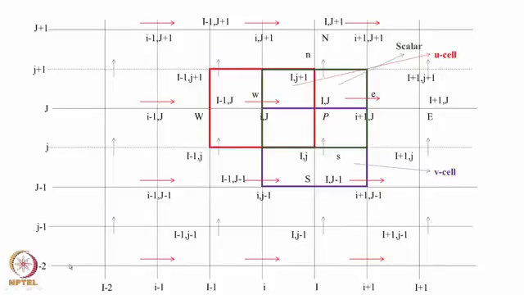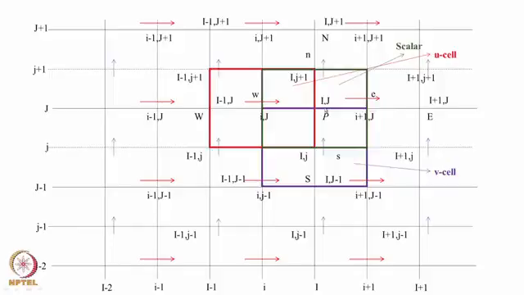In the j direction, capital J is used, and the next thick horizontal line is marked as J plus 1. Similarly, the adjacent thick horizontal line is marked as J minus 1, and small case j refers to the dashed horizontal lines, similarly j plus 1 and j minus 1.